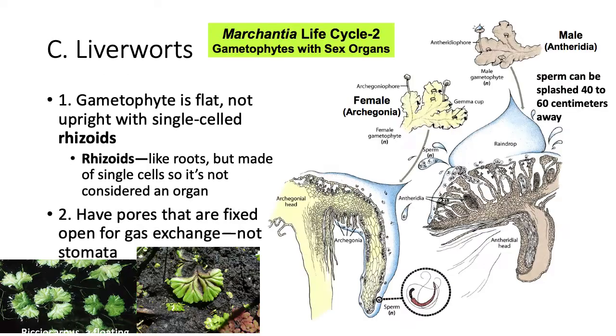All right, liverworts. Some common characteristics. Their gametophyte is flat, not upright. Okay, so flat. And you can look at it, it literally looks like a lobe of liver, okay? However, 20% of liverworts look like liver, the other 80% don't. So it's kind of funny in a way.